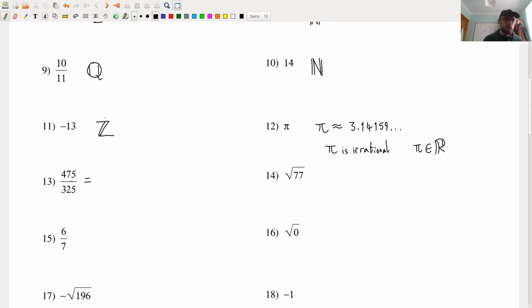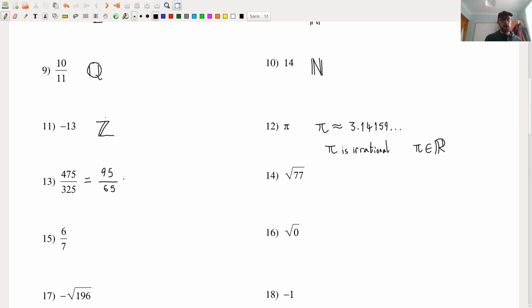All right. So I'm going to double 475. The answer is 950, and 950 divided by 10 is 95. And there you go. 325 doubled is 650. 650 divided by 10 is 65.